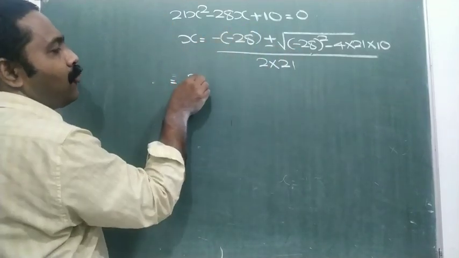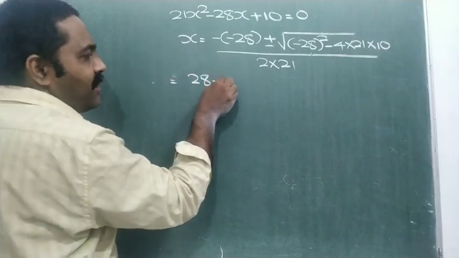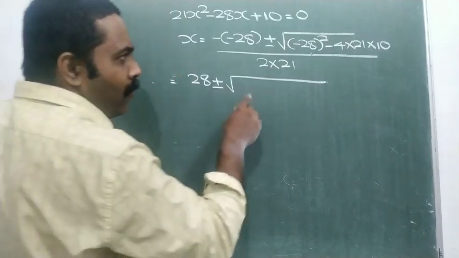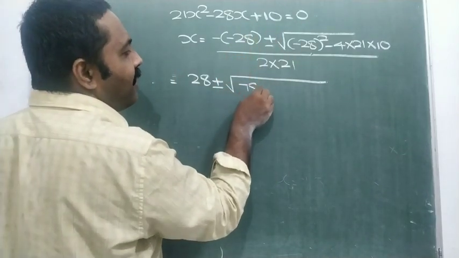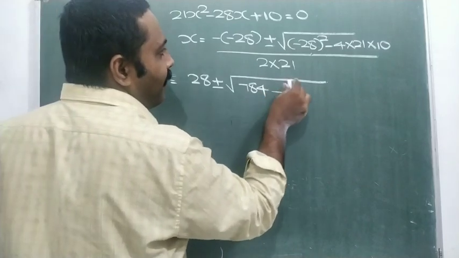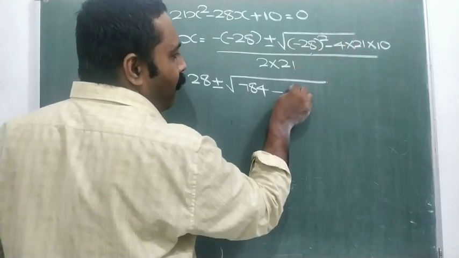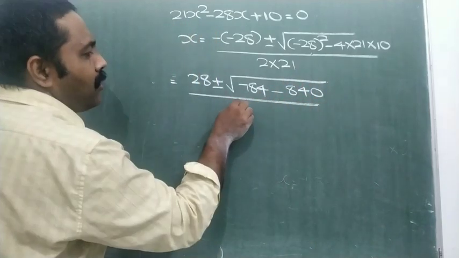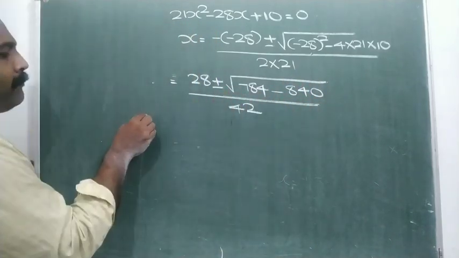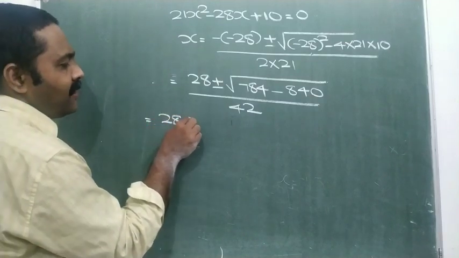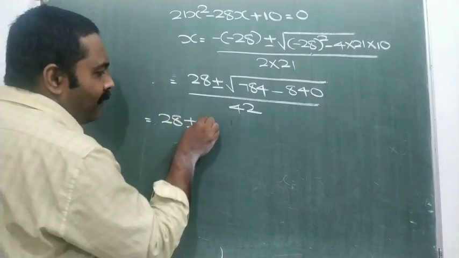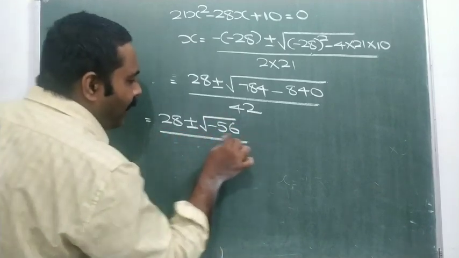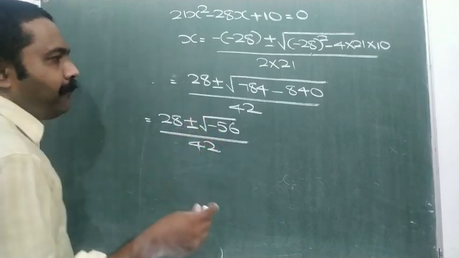Minus of minus 28 is 28 plus or minus root of square of minus 28 is 784 minus 4 into 21 into 10 is 840, by 2 into 21 is 42. That is 28 plus or minus root of minus 56 by 42.